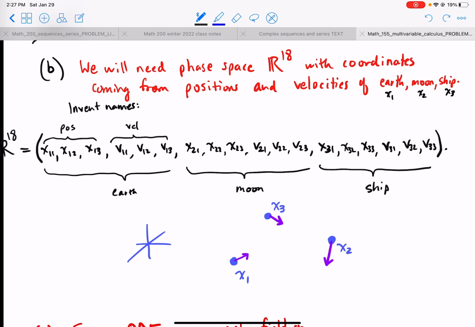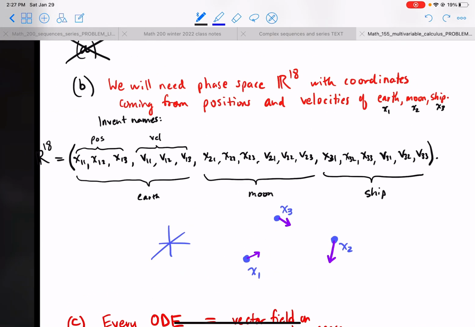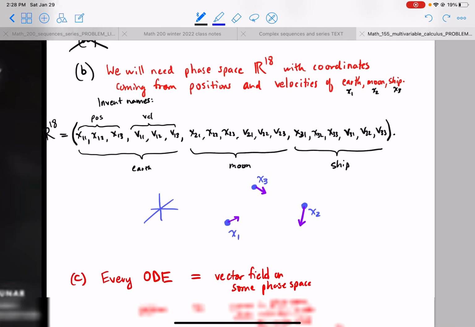Well, they're positions and velocities. Invent some names for them. Maybe draw a little picture to show why there are 18 numbers. Well, because we have 3 purple vectors and 3 blue points. Each point requires 3 numbers. Each vector requires 3 numbers. So that's 18.